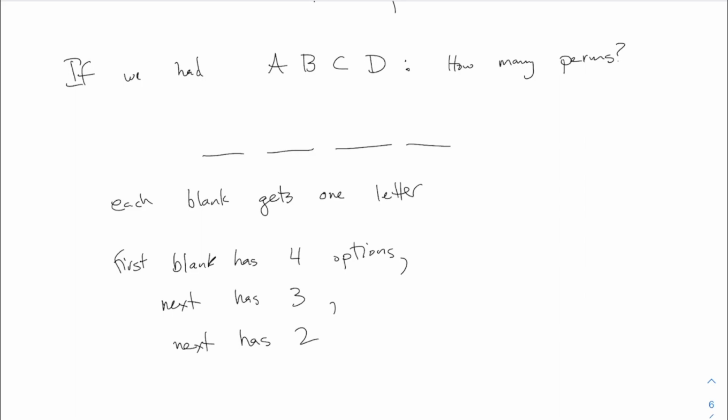So the next has 2, and then the last has one option. All right. So what's the total number of different ways that could go? If I make one choice where I have 4 options, then another choice where I had 3 options, then another choice with 2 options, and then the last one isn't even really a choice, what should I be doing to get the total number of possibilities?